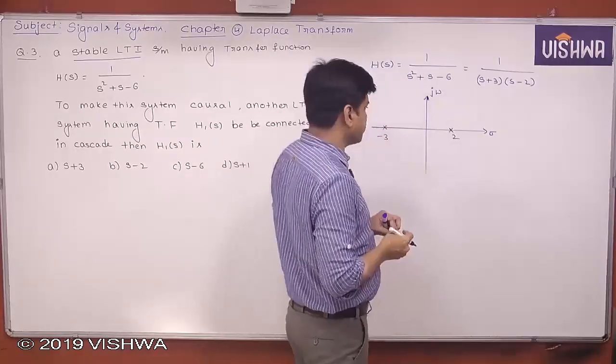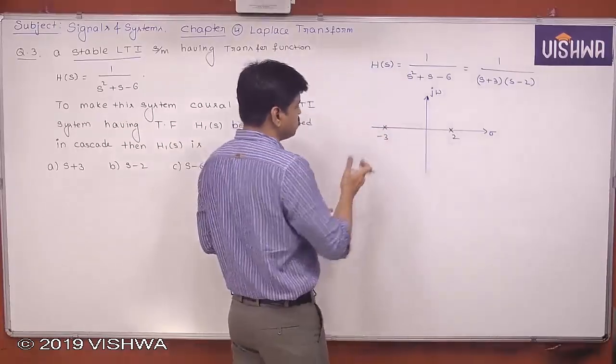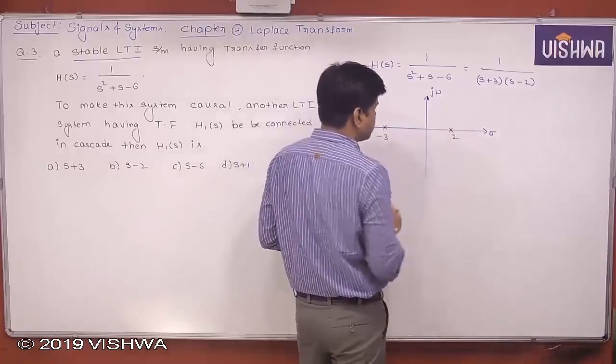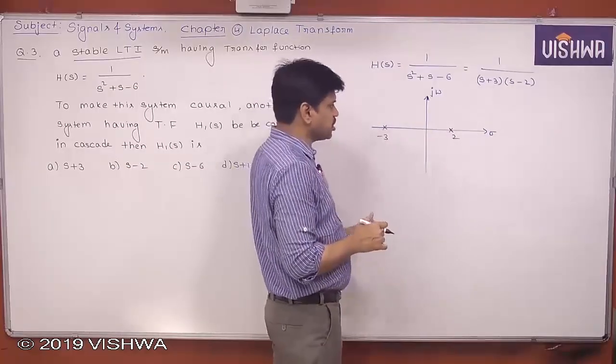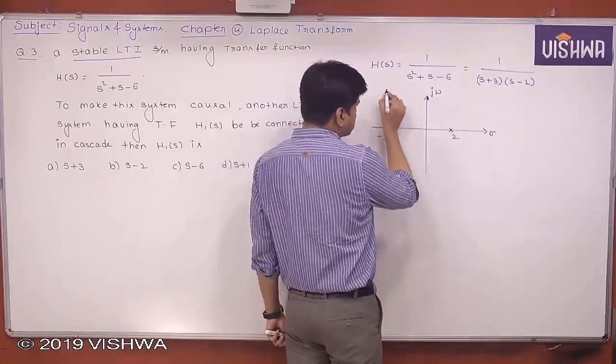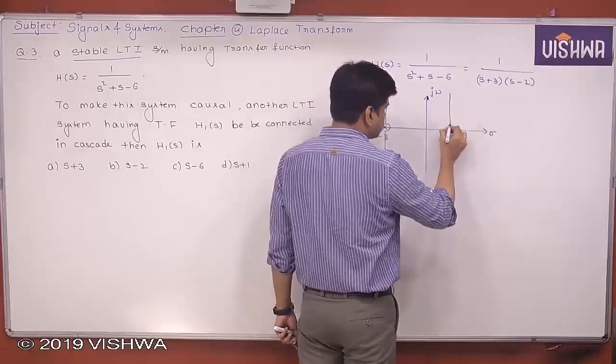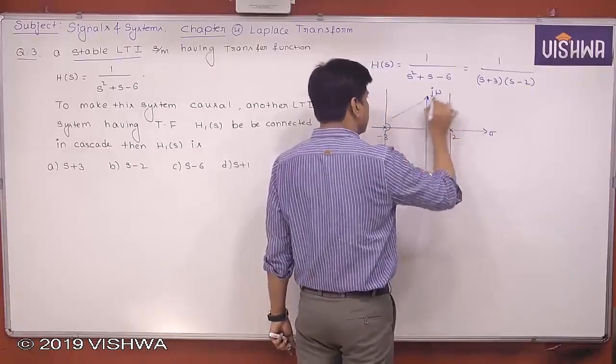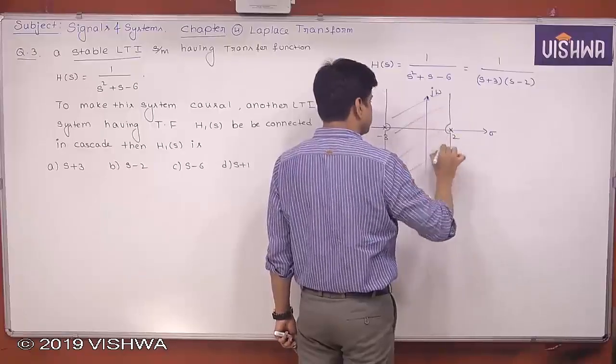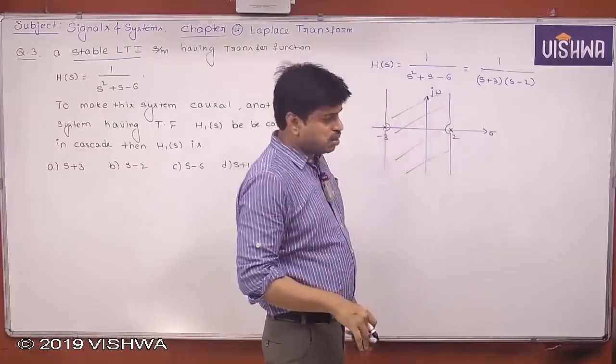Now let's see how many ROCs are possible. But they said it is a stable system. Stable system means the ROC should be between the poles. This is the ROC for a stable system. Now try to understand.